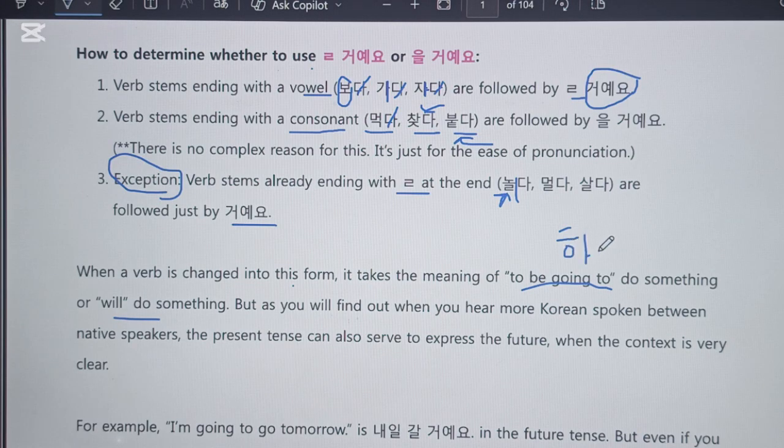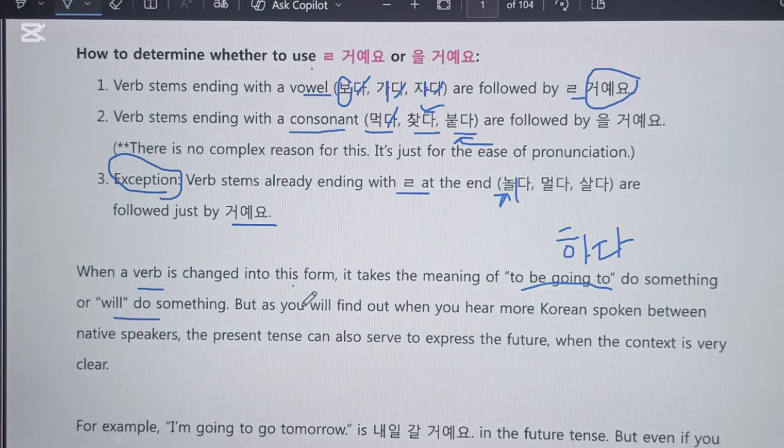It is 하다. So if we just use this form 하다, to do something, if we change it to the future, this is going to be 할 거예요. So it changes to will do something. So whatever verb you have, when you add 을 거예요 or ㄹ 거예요, it changes to mean will do something or something will be done, right?